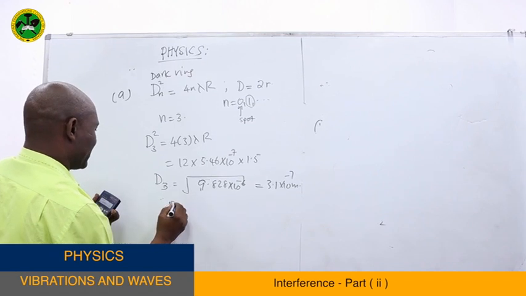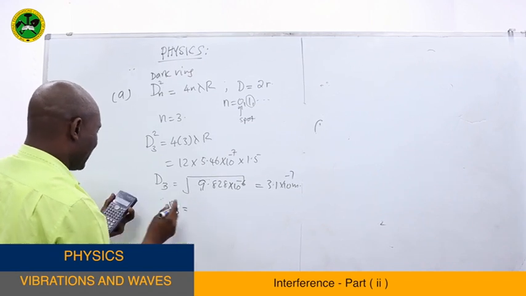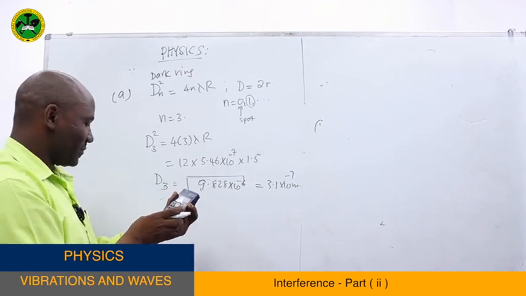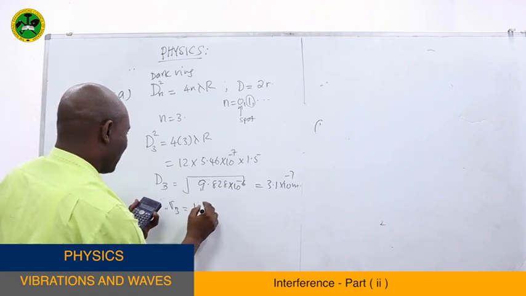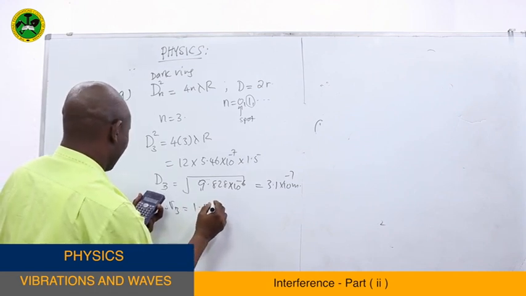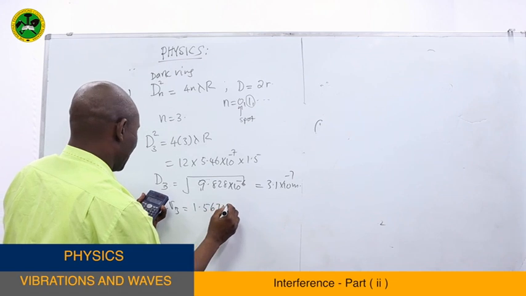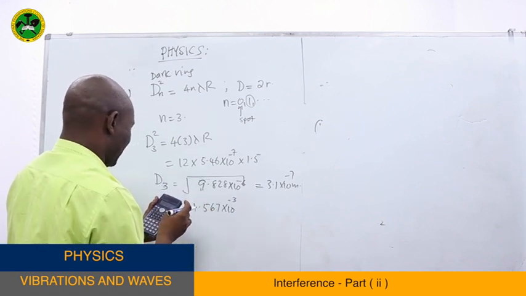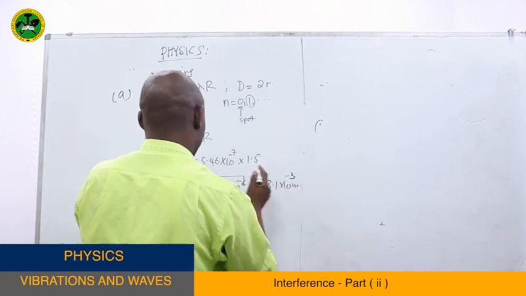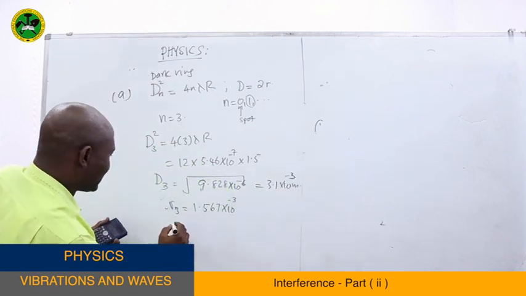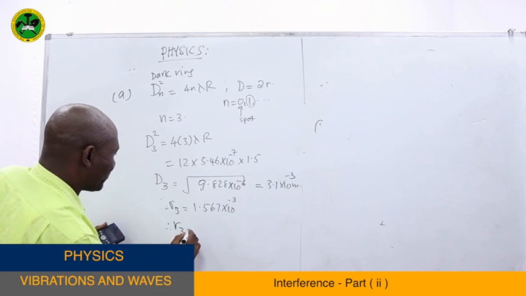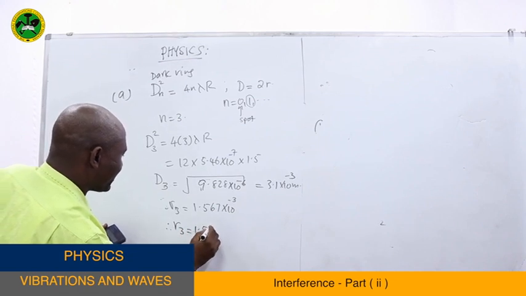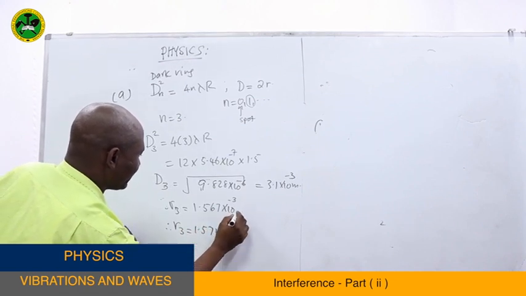So the radius of the third will be 3.135 divided by 2. You get 1.567 times 10 negative 3. Yeah, so this is the radius corresponding to the third ring, which means it's 1.57 millimeter.